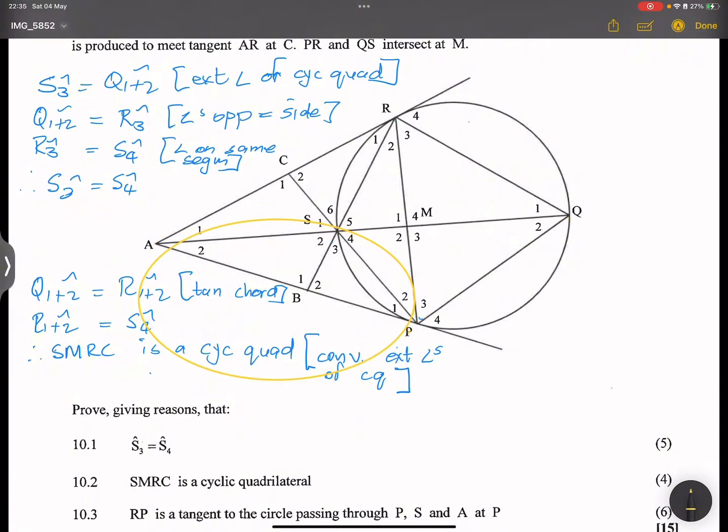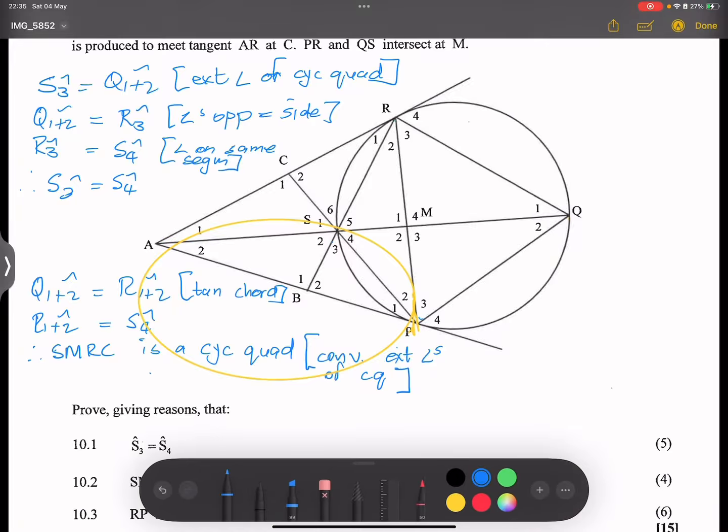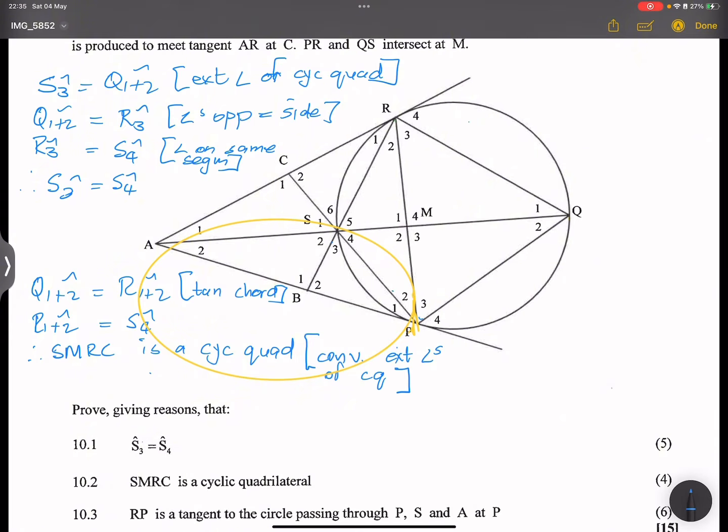So in this case, if there would be a circle and that was a tangent over there, we could use the tan-chord theorem and say that P2 would be equal to A2. Can you see that? If we can prove P2 equal to A2, then we can say that definitely PR would be a tangent to that imaginary circle that we do not have.